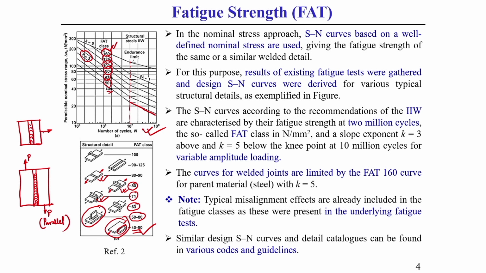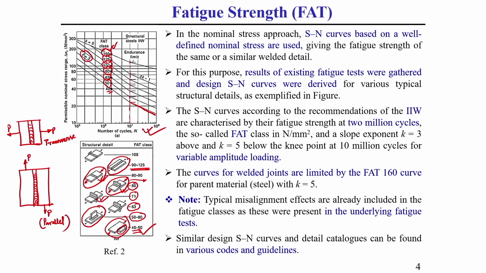If the load is acting perpendicular to the weld line, then this is called a transverse butt joint. So transverse or parallel depends upon the loading direction in a welded structure. This is a parallel butt, this is a transverse butt joint. And this 80 case is a transverse fillet.